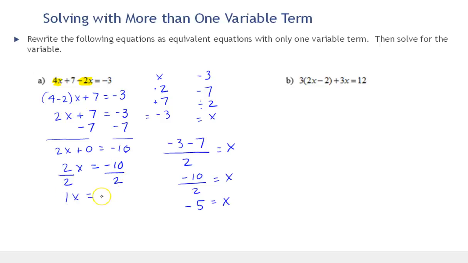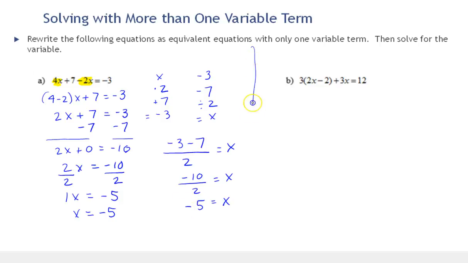Negative 10 divided by 2 is negative 5. And we get the result of x equals negative 5. Now notice how this applied to our deconstruction process. We had the negative 10 from the negative 3 minus 7. Then we divided by 2, and our result gave us x, which is negative 5.